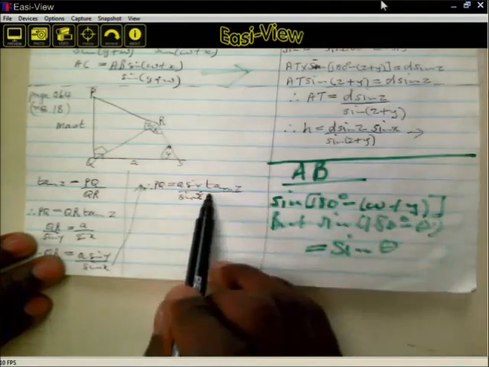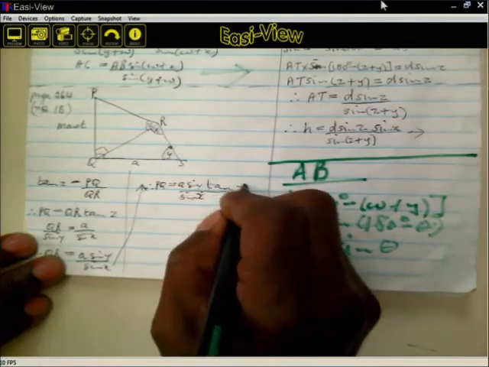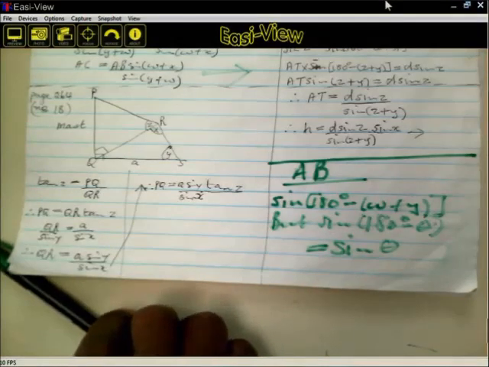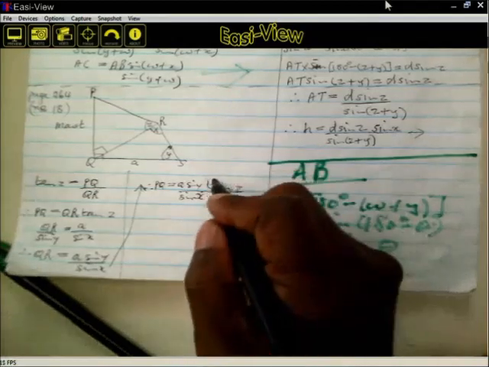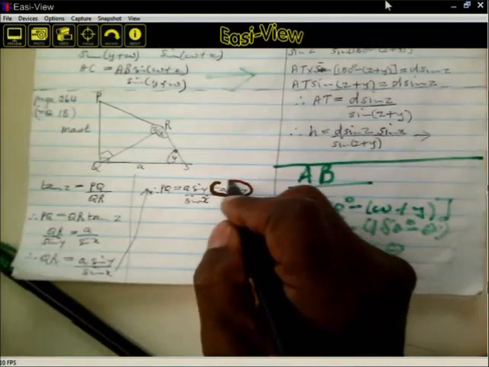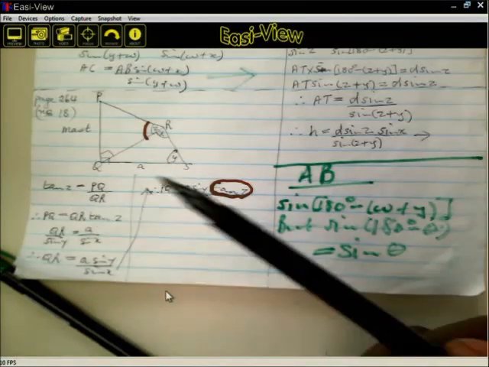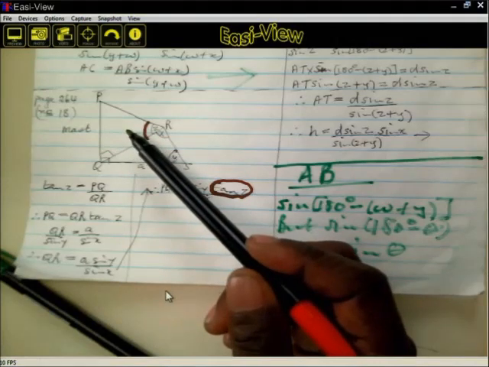So immediately look for tan z, because the angle z is in a right angled triangle.